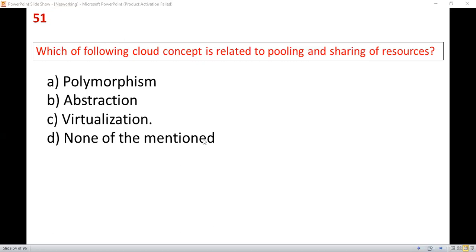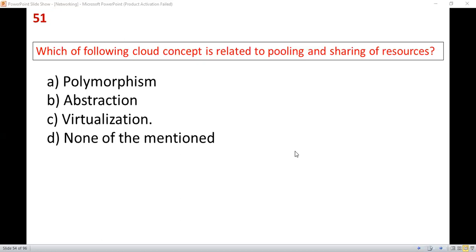The question is which of the following cloud concepts is related to pooling and sharing of resources? Okay, the answer for this question will be virtualization. Many students are writing the answer: virtualization is related to pooling and sharing in a cloud concept.